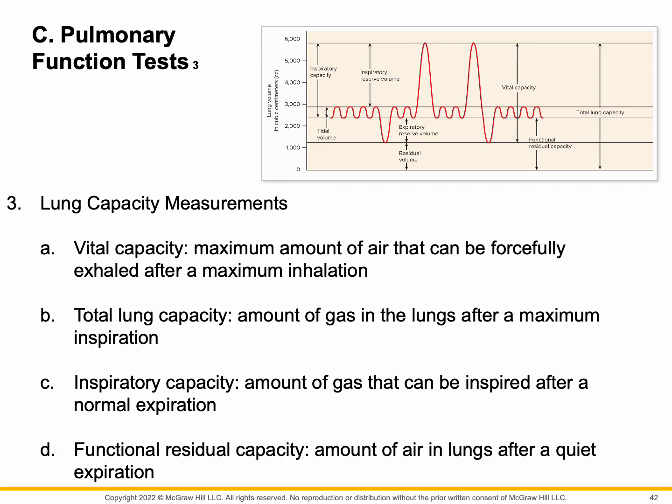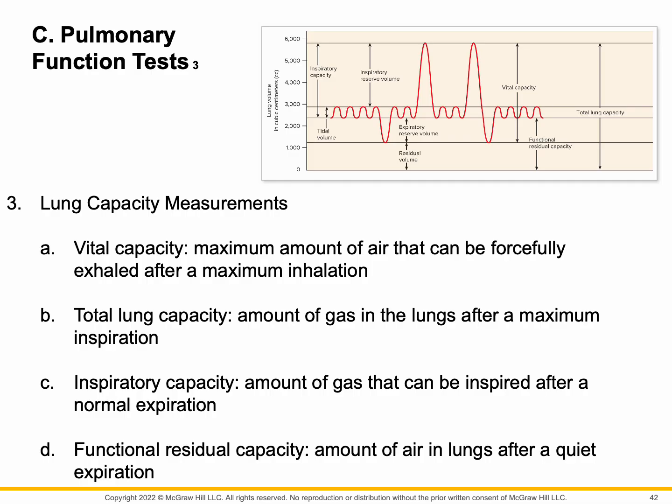So with the lung capacity measurements, the vital capacity is the maximum air exhaled after a deep breath. So the maximum amount of air that can be forcefully exhaled after a maximum exhalation. There's also the total lung capacity, which is the total air the lungs can hold after maximum inhalation. So the amount of gas in the lungs after a maximum inspiration.